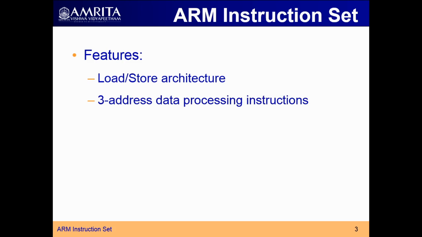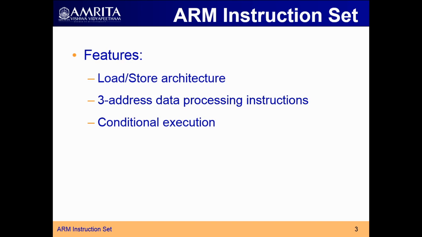Second feature is that it is having three address data processing instructions. What do you mean by three address data processing instruction? In the data processing instructions, three registers will be there, and the first register will be the destination register. Second and third registers will be the first operand and the second operand.